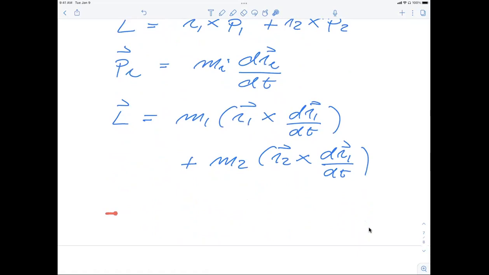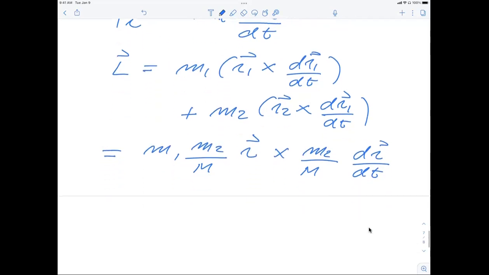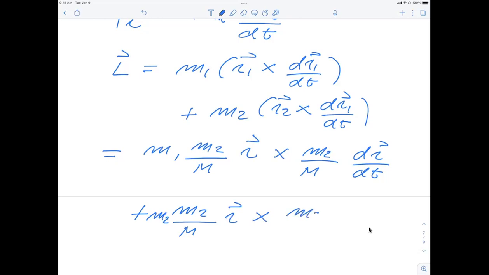So what I get then, and we are getting close to the end here, is m1 times m2 divided by m, cross product with m2 over m, times the time derivative dr/dt, and then plus, since I'm multiplying two negative values, I get a plus, and then I have r cross m1 over m times dr/dt.